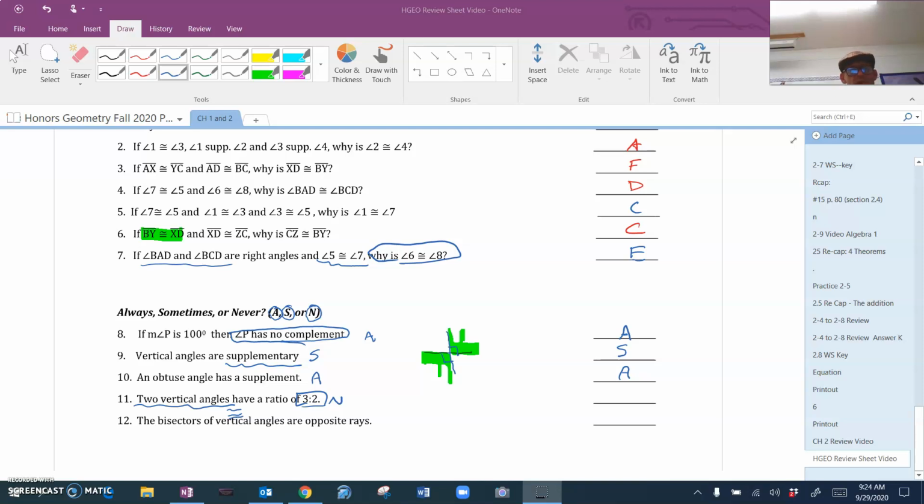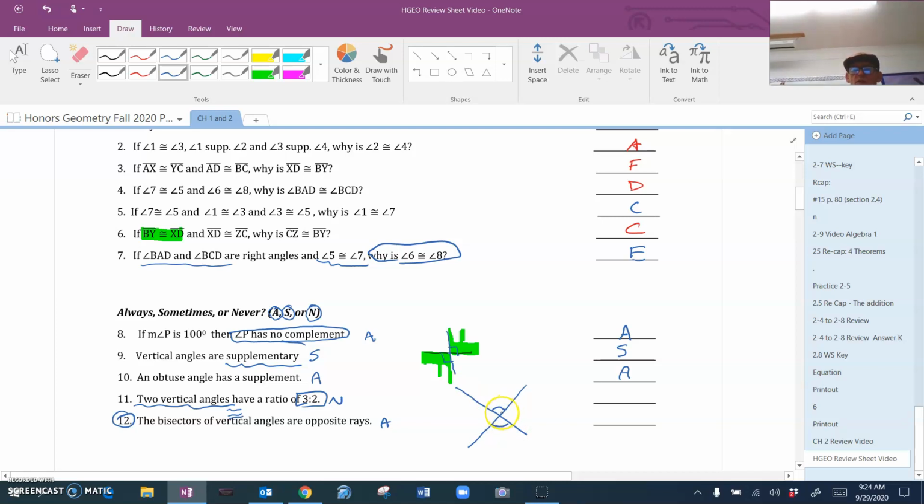But anyway, number 12 says the bisectors of vertical angles are opposite rays. That's always true, and it works like this. Here's two vertical angles, this one and this one.